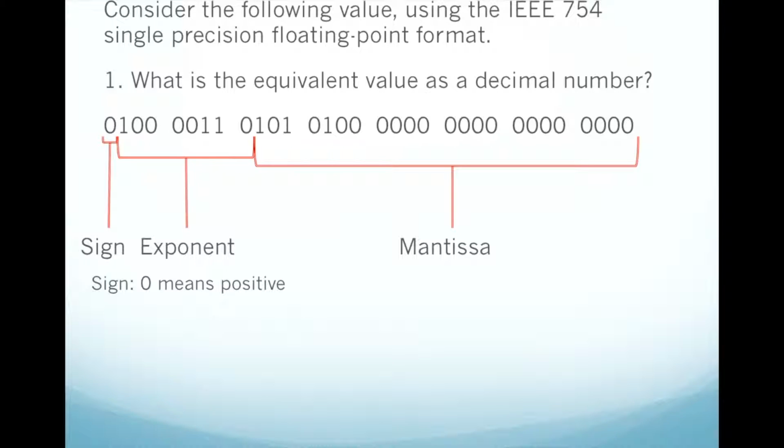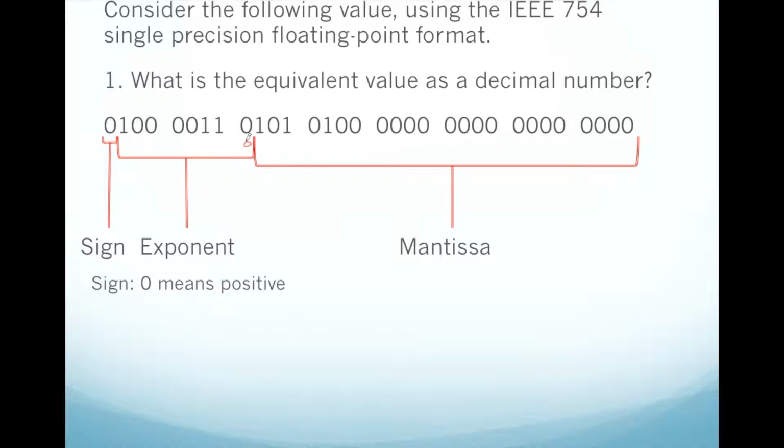The second part is the exponent. Our exponent is 100000110, and you want to convert that from binary to decimal. The way you do that is you see how many spots this is.